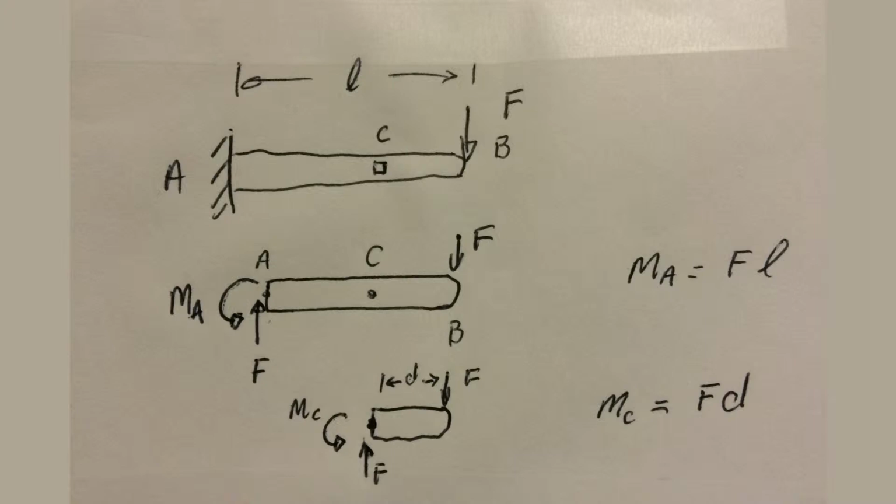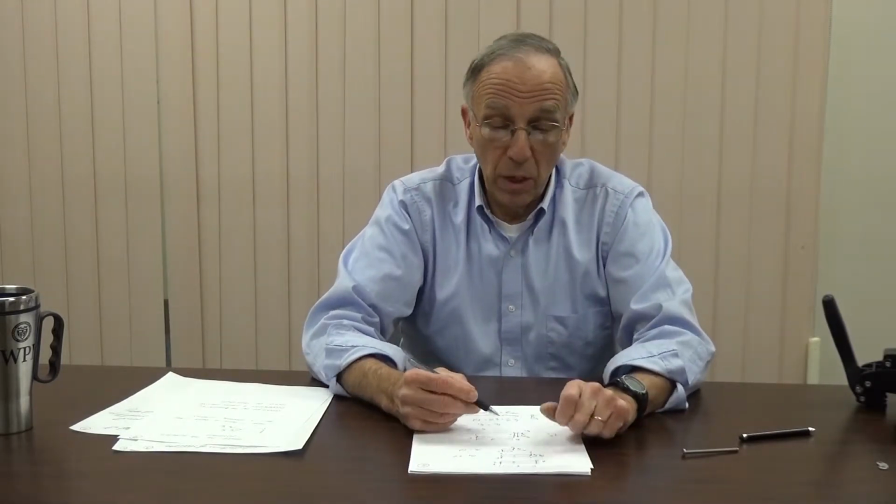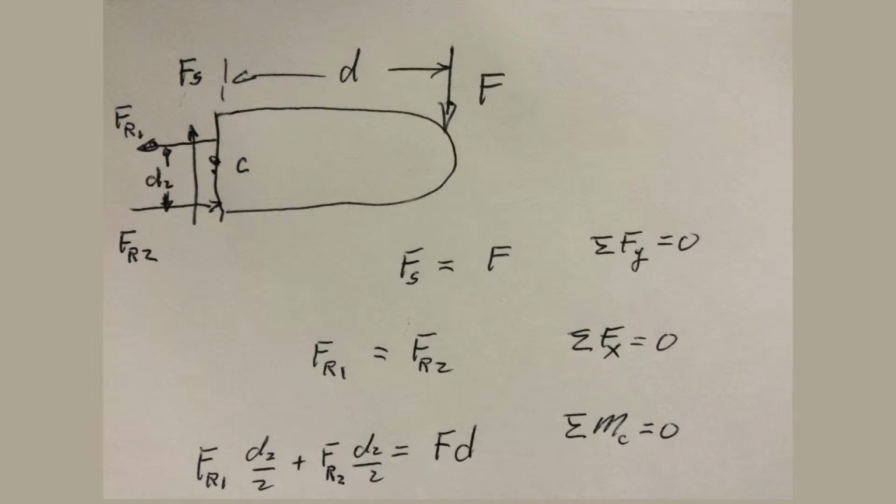We can decompose this, using free body diagrams, into a free body diagram at a general location in which the plane at which the object is cut has obviously a shear stress to counteract the downward force, but the stresses on that plane also have to exert a net moment, which means therefore that the normal stresses, rather than being constant across the cross section, vary with the position of the point in the cross section, and on the upper half of the object are tensile stresses, on the lower half are compressive stresses.